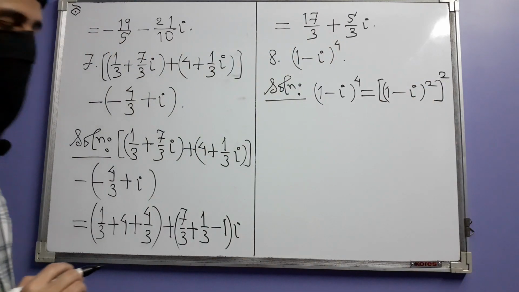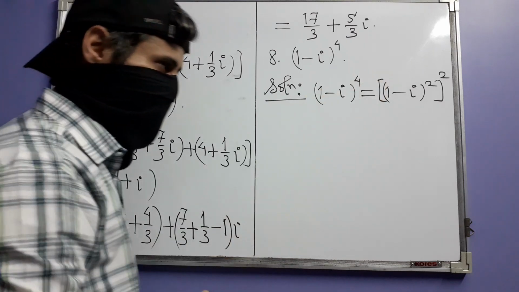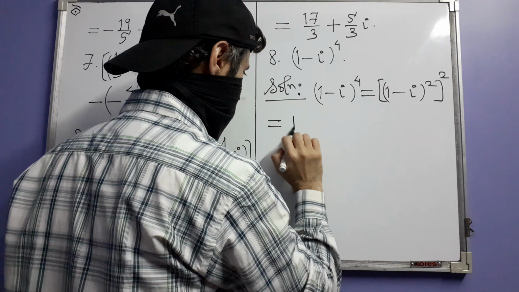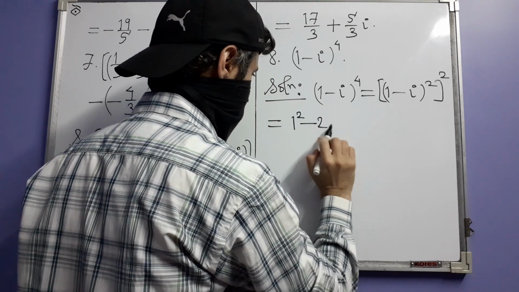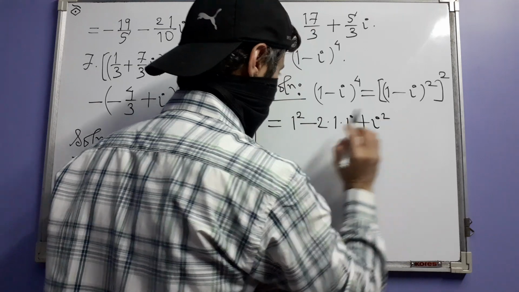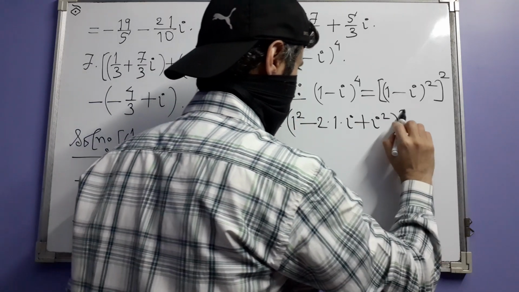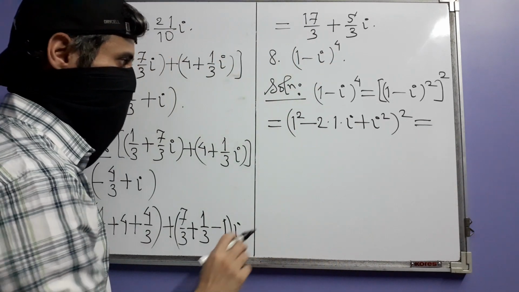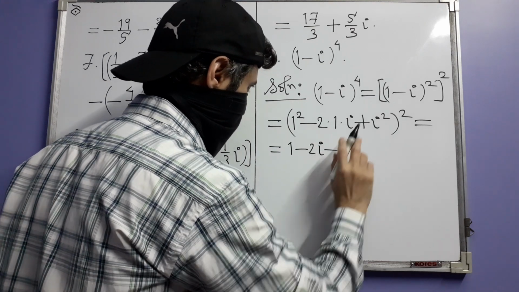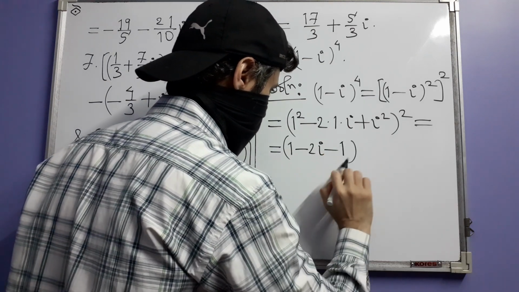So this is what it is, right? But we know the square formula, a minus b whole square. 1 square minus 2 times 1 times i plus i square. So 1 minus 2i, i square is minus 1.